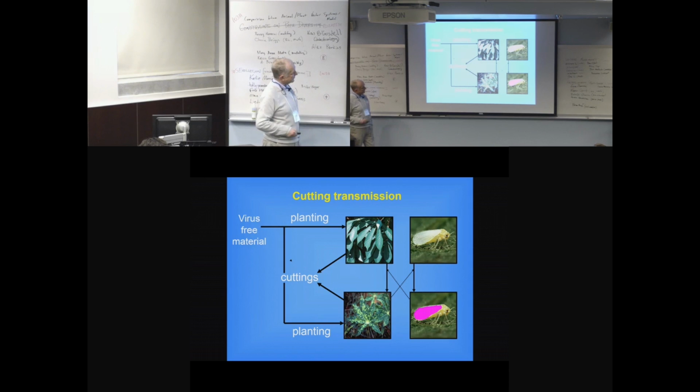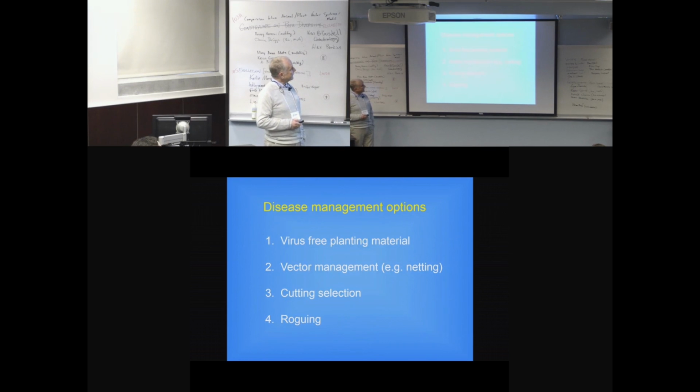And you link that with the vector transmission, and you go through the whole process again of seeing what selection is placed on the virus by some of these disease management options. We looked at using virus-free planting material, vector management, such as the netting example I showed, using very stringent cutting selection to be sure what you're actually planting, and roguing.